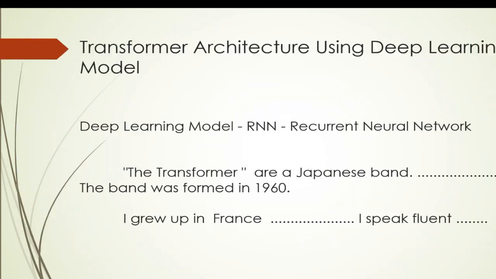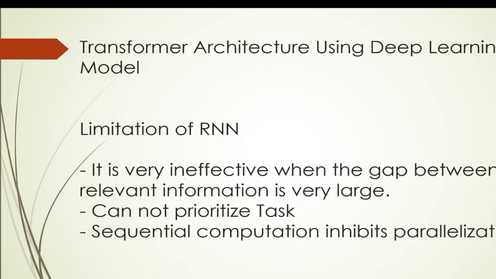If you remember, last time we talked about how, before we came to the transformer model, we found the initial stage, the recurrent neural network, RNN. Recurrent neural network is used to predict the next word, but it has some limitations. It is very inefficient when the gap between relevant information is very large, and it cannot prioritize tasks.